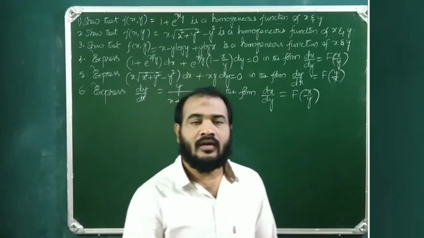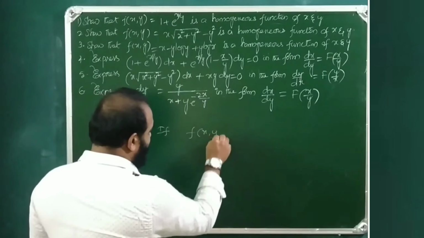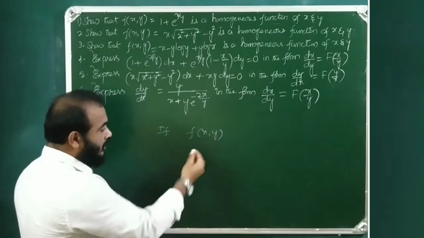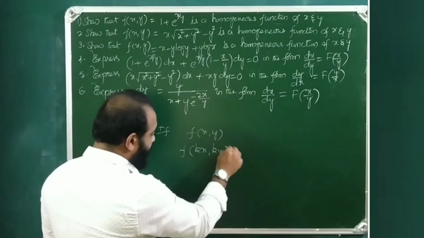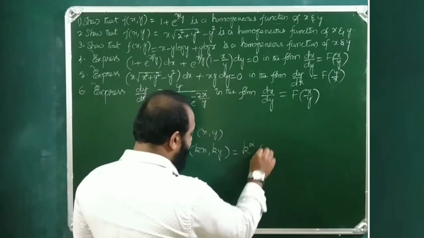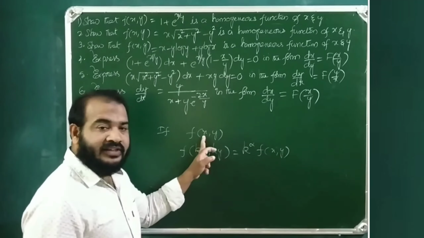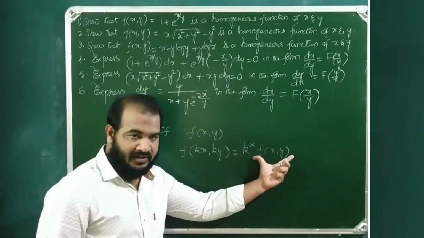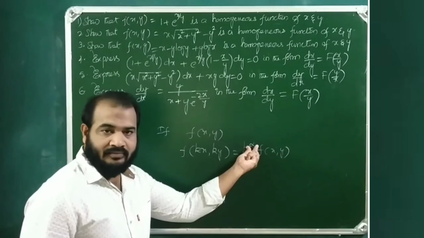First of all, what is a homogeneous function? Given a function f of x, y, if f of kx comma ky is equal to k power alpha into f of x, y, after substituting kx in the place of x and ky in the place of y, then this alpha is said to be the degree.